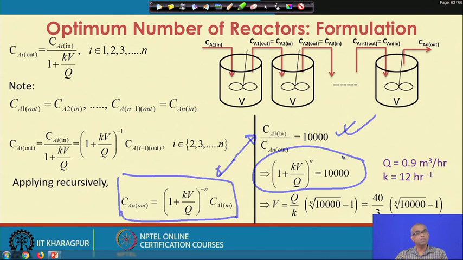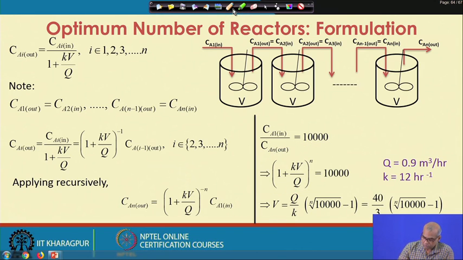Note that n is the number of CSTR units in series. Q is given as 0.9 meter cube per hour, K is given as 12 hour inverse. So, from this we can get an expression for V.